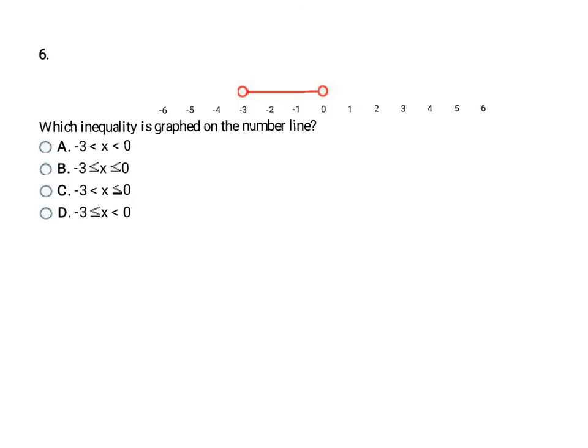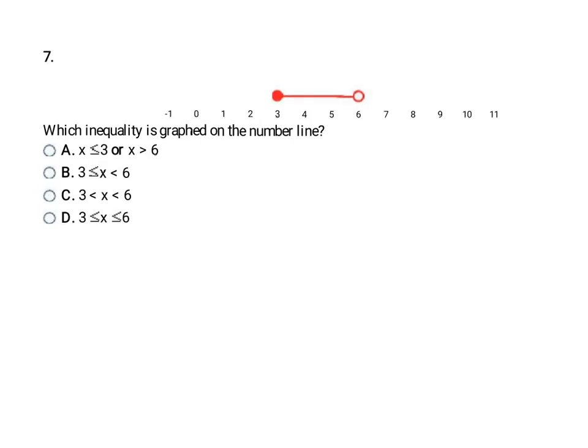But here, because this problem has open dots at both numbers, I know it's just going to be the less than symbols. And here it's between negative 3 and 0, so those are my numbers on the ends, with x in the middle. So that means my answer here is going to be A.